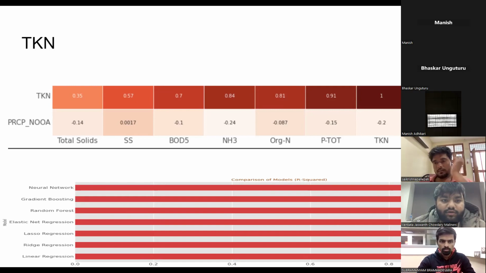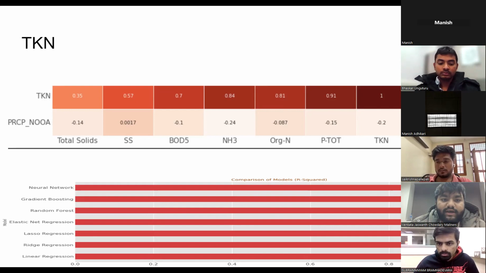Total solids is 0.35 and for the SSN it is 0.57. Overall, it has a good correlation with the other features. The graph below shows the R2 score of TKN. Out of all models, ridge regression has the best R2 score for the TKN. And the next slide.